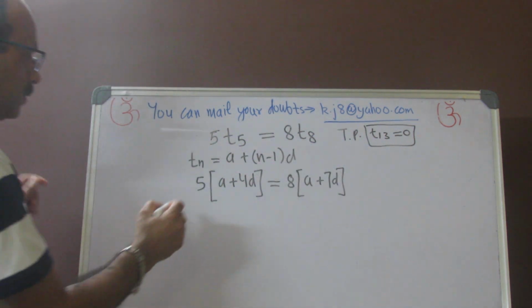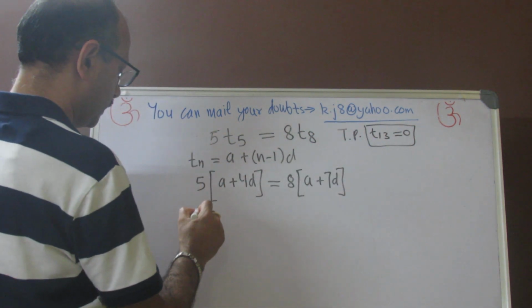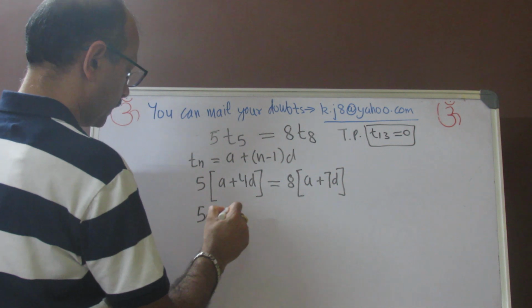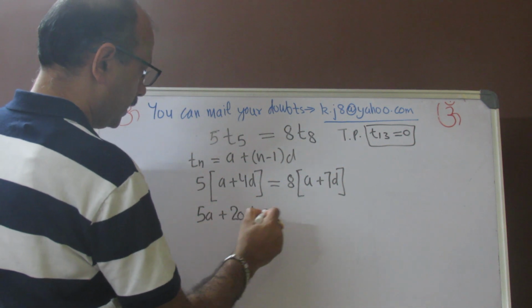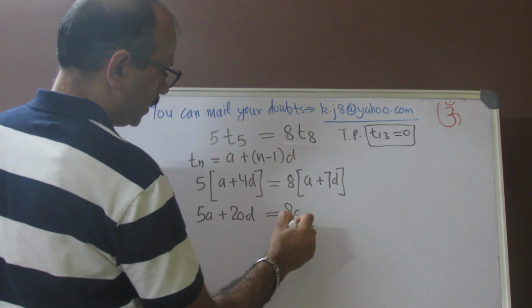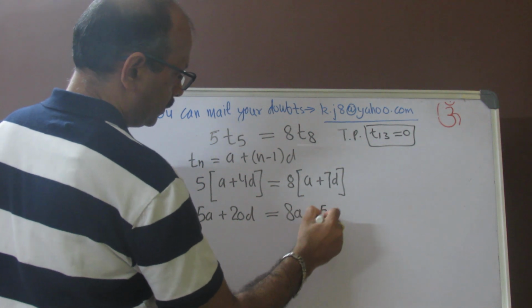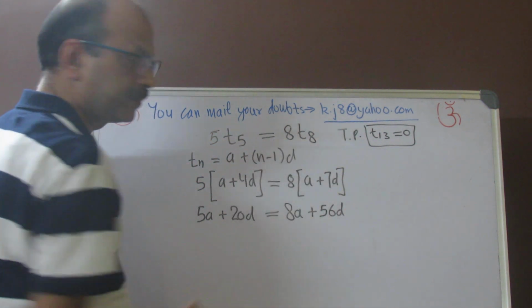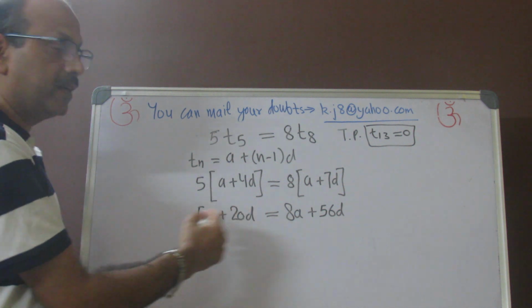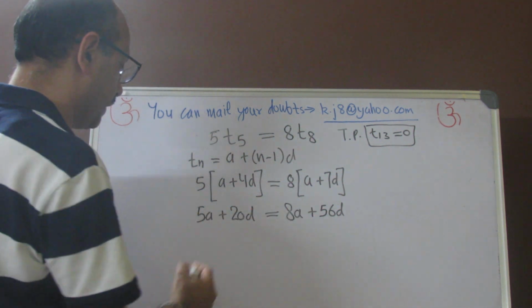Now we just solve this. So we get 5a plus 20d equals 8a plus 56d. Now we will figure out a relationship between a and d.